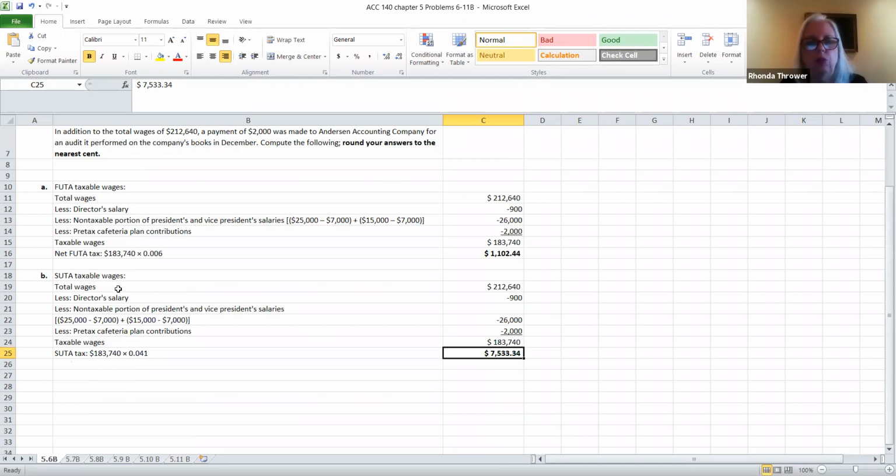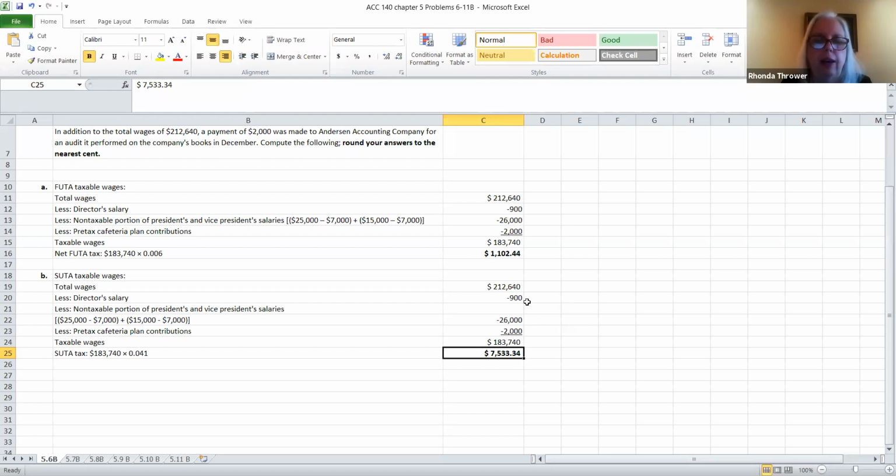The next thing they want you to figure is the SUTA taxes. We start out by calculating the SUTA taxable wages, which were exactly the same as what we did for FUTA.